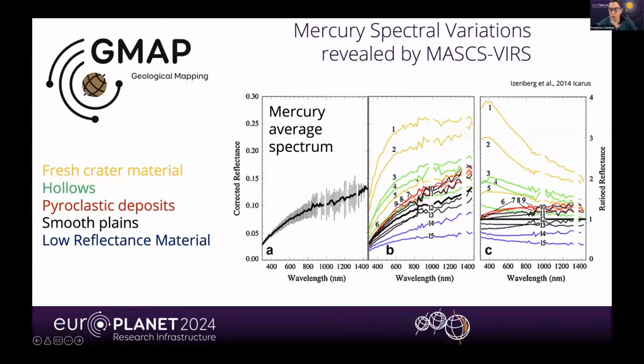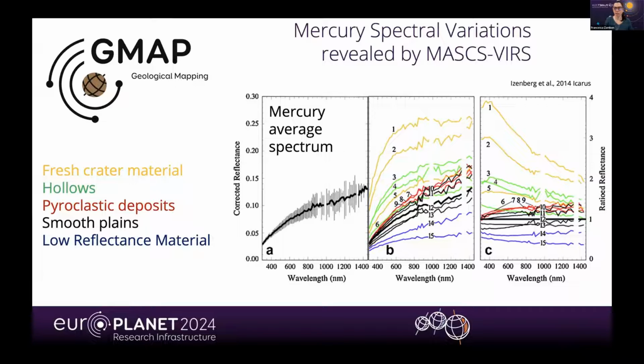Then you have hollows. And you see also in this case that these spectra are quite flat if you look in the visible and infrared part of the spectrum, but you have a sort of downturn in the part of the spectrum closer to UV.